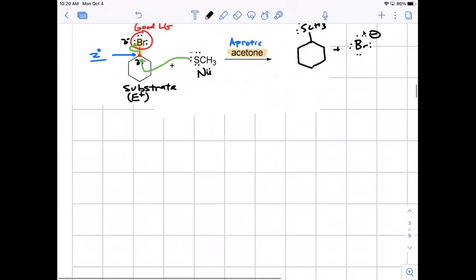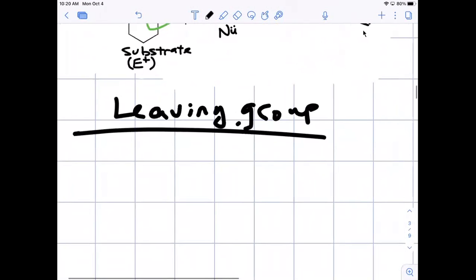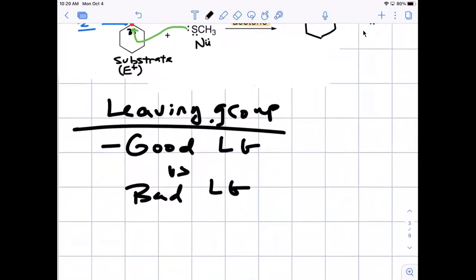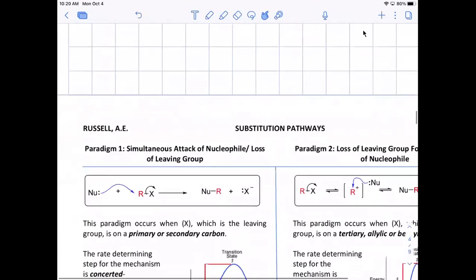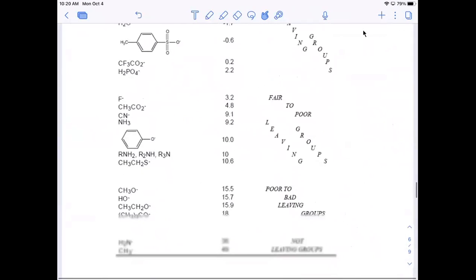So how do we determine what's good and what's bad, right? We're going to use a familiar idea. What we want to do is look at the pKa of the conjugate acid of the leaving group, right?